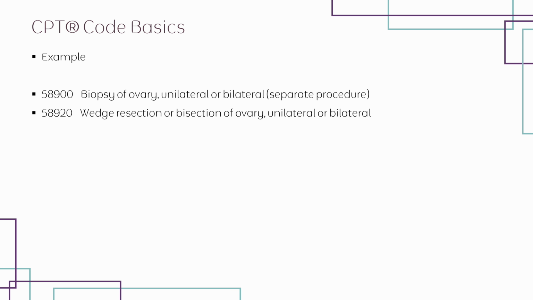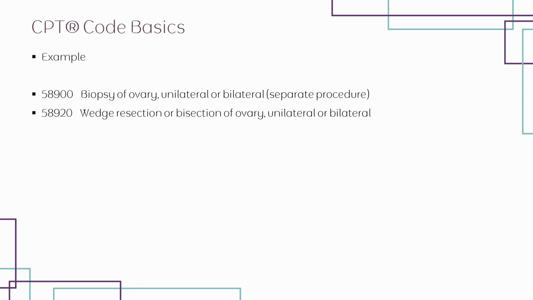Let's apply this rule to our current example. If the biopsy of the ovary is represented by 58900 and it is performed in conjunction with another procedure on the female genitalia, such as a wedge resection of the ovary, which is reported with 58920, then the biopsy would be considered part of the larger procedure.